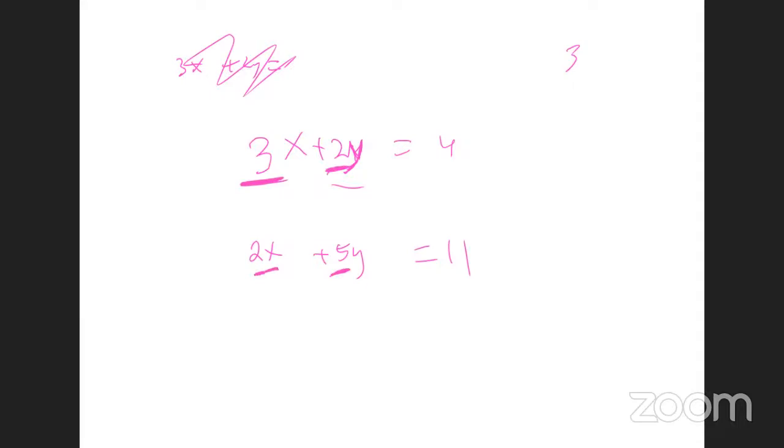I'm going to show you how to do it, but I want to give you a proper example. So let's take a look at simultaneous equations. I'll show you by an example. The example I'm going to show you for now is the elimination method.